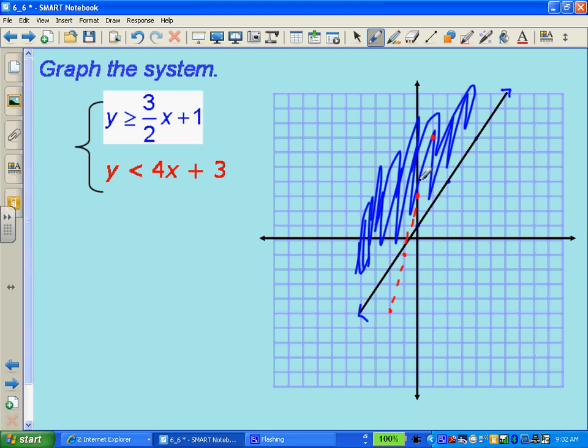Put my dashed line in here, and it's going to be shaded below because it's less than. So you can see that the blue and the red overlap in this region here. So I'm going to shade in black. Okay, so that region there is the solution of my system.